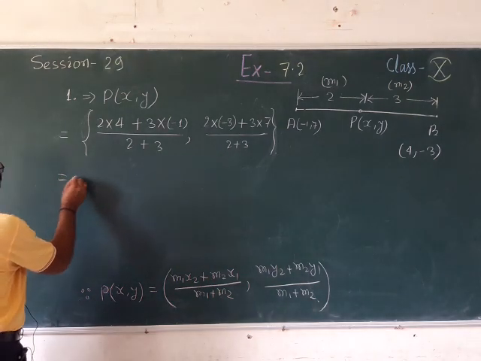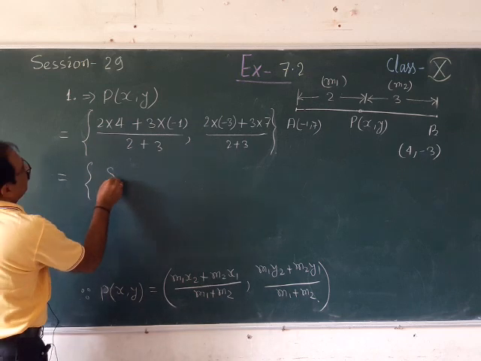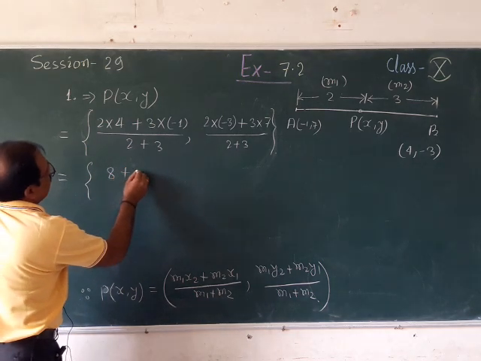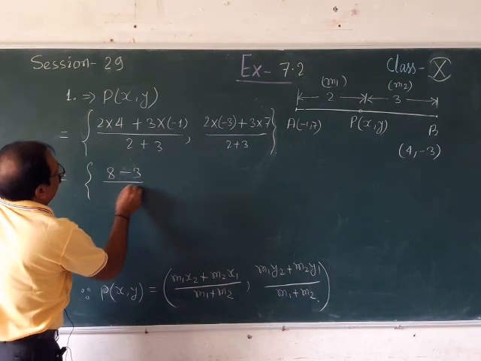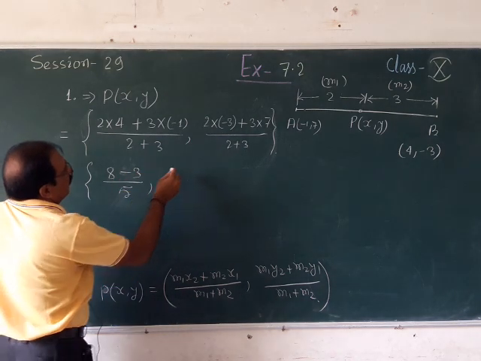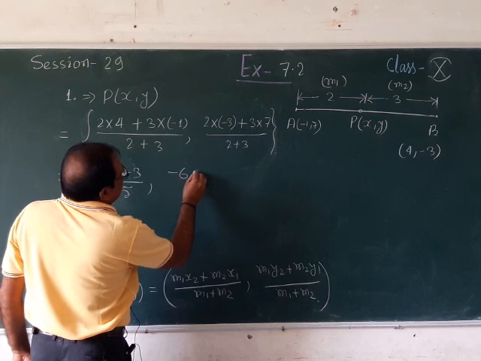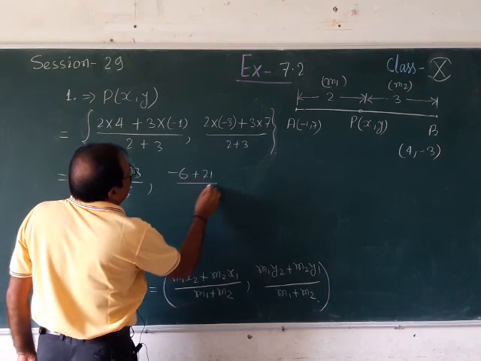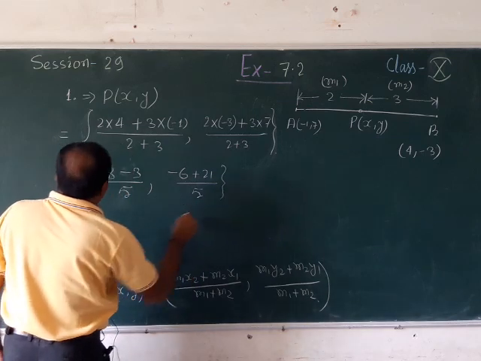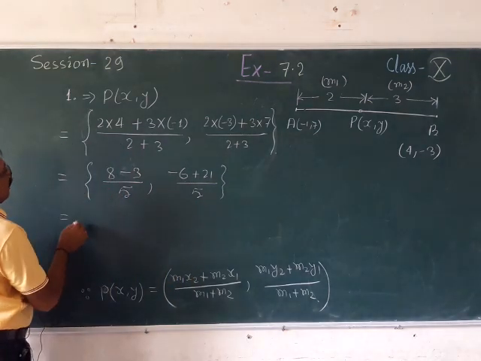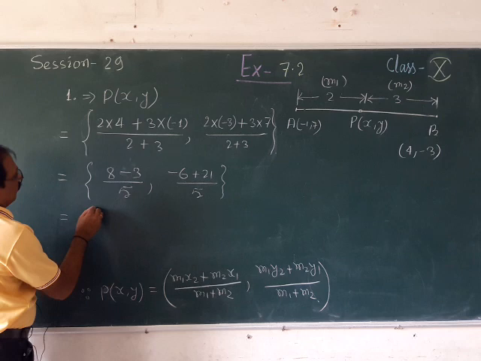Now look at here, it is 4 2s are 8 plus it will be minus 3 upon 5, and here it will be minus 6 plus 21 upon 5. Further you can change your brackets, no problem.